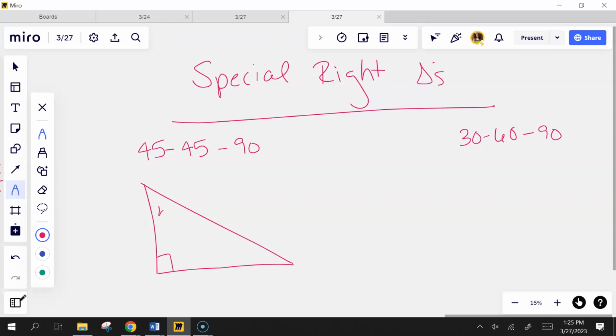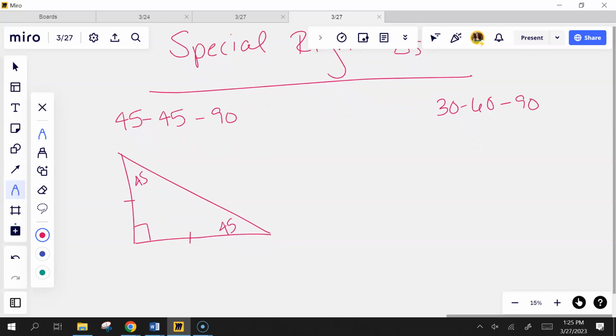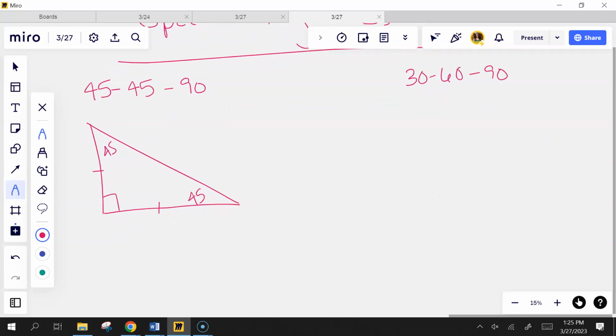Now, I want you to think about that hinge theorem that we talked about just a minute ago, where the side corresponds to the angle length, right? So if the angles are the same, the sides are the same. So this is actually an isosceles right triangle, which means the sides are the same here.